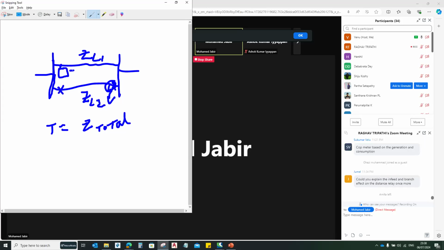During general conditions, Z is considered based on this Z total, and here also the same thing. This is the Z total you consider based on the total parallel impedance of the transmission line. But during the actual conditions, ZL is measured only for this portion, only one branch of the impedance.